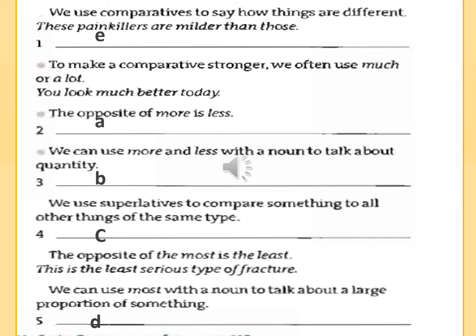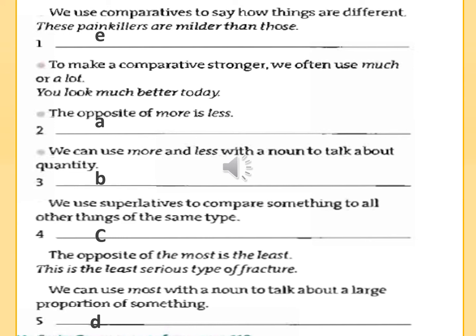For example, these painkillers are milder than those. So the example of this rule is E. Last night the pain was more severe than this morning.